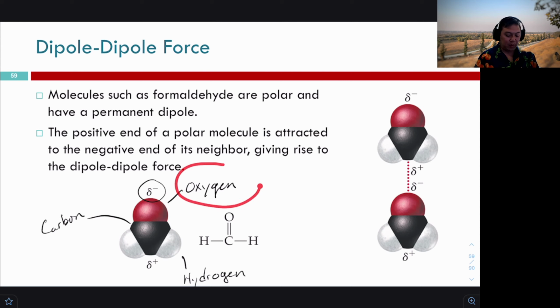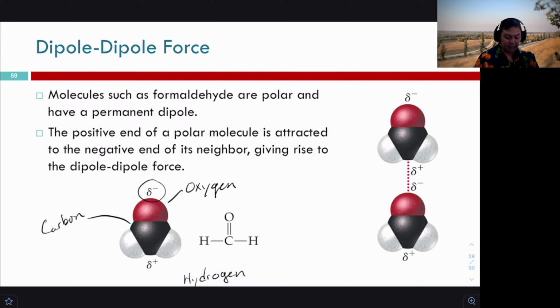So if you remember back to before spring break, you know that vague time before spring break, oxygen is more electronegative than carbon, and so it's going to be hogging more of the electrons, and those electrons have negative charge, and so the oxygen is going to have this permanent partial negative charge.